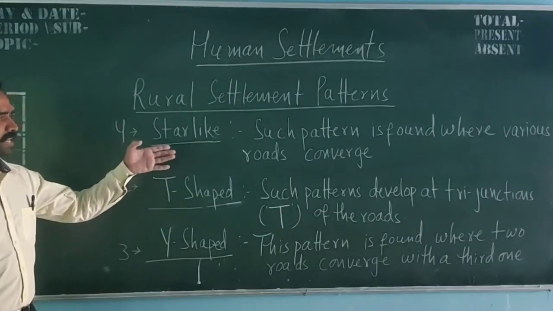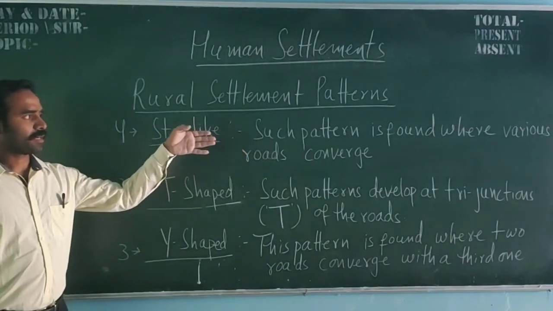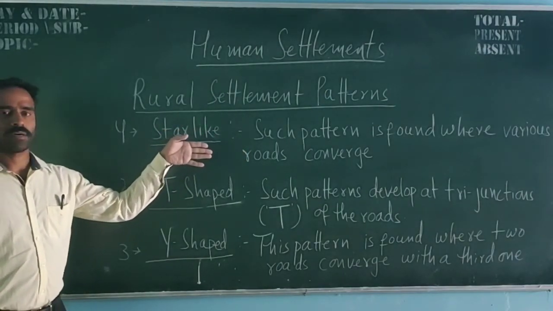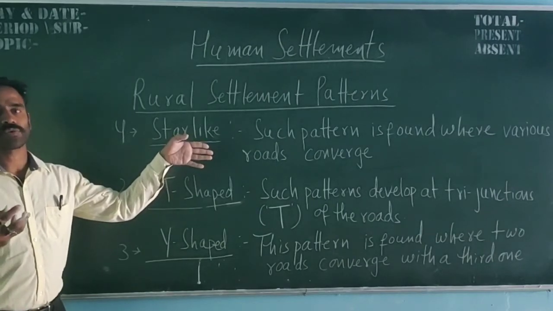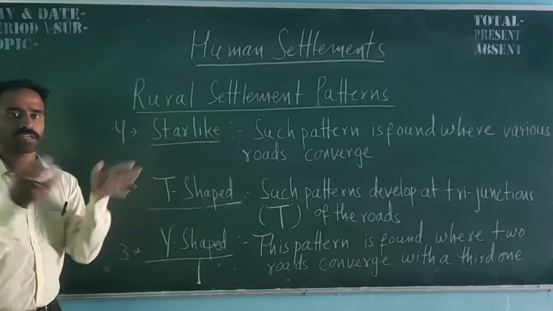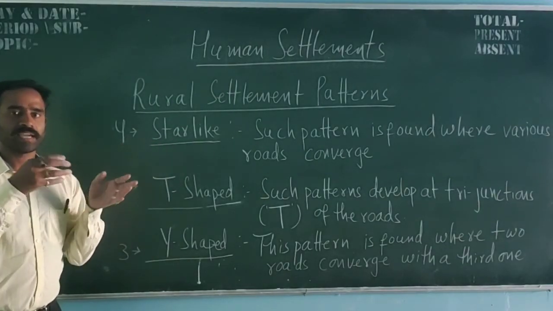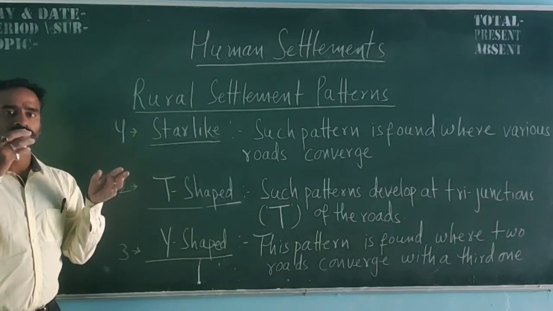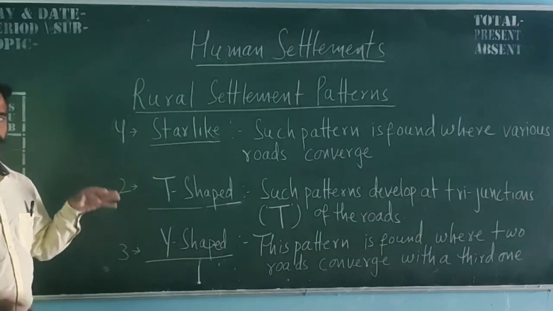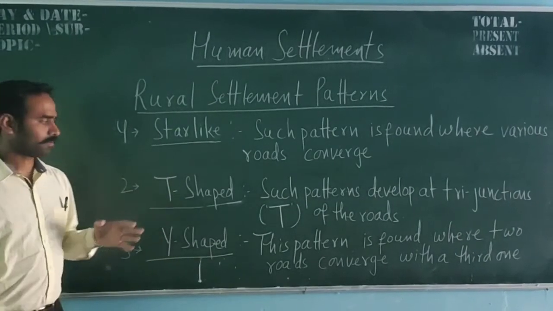The star-like pattern. In such patterns, houses are built where various roads converge with each other. That means this is a pattern where houses are built along the roads that converge from various directions and form a star-like pattern.